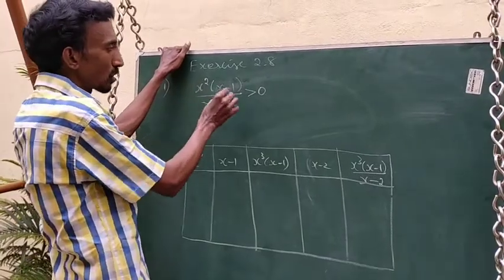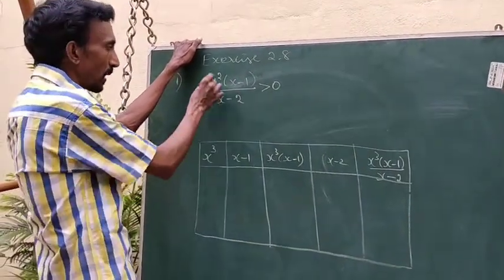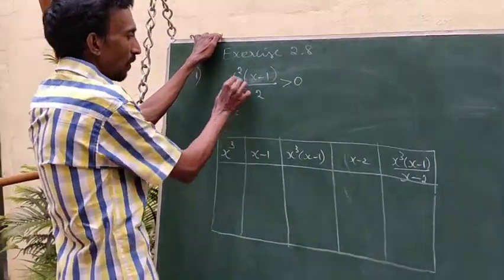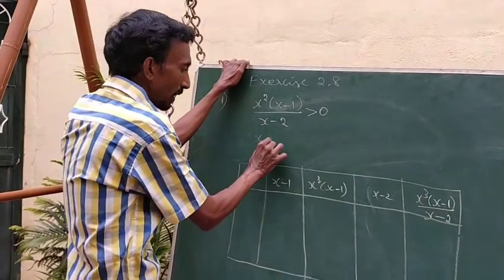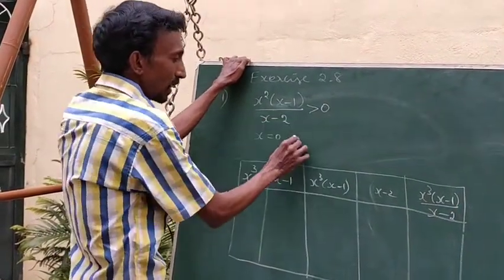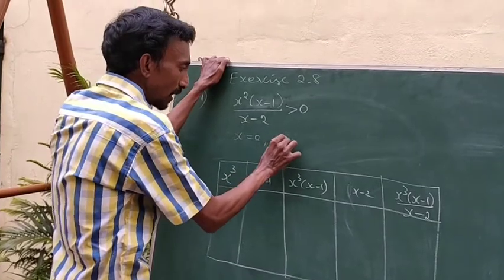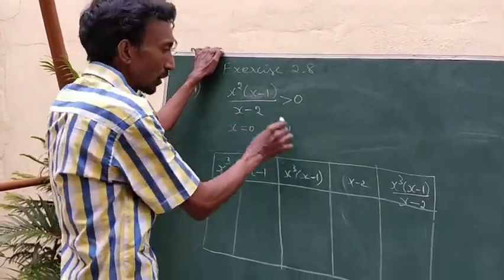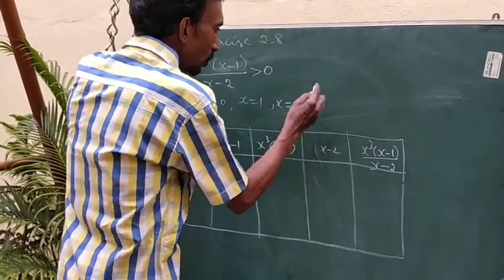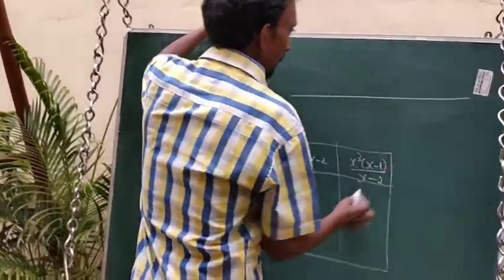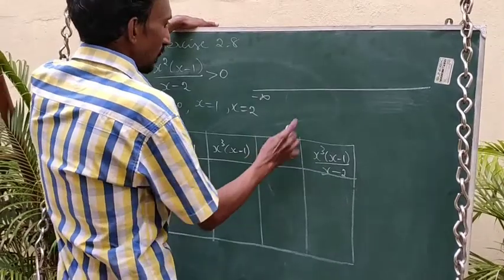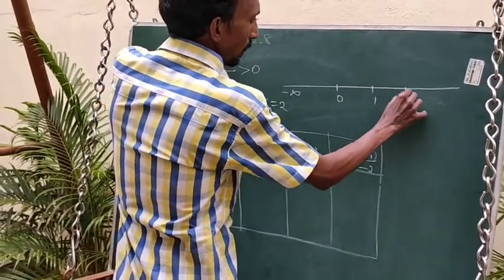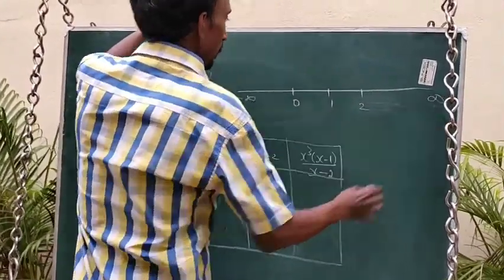Already told you, find out the roots of the numerator and denominator separately. If we equate x square to 0, we are getting x equal to 0. If we equate x minus 1 equal to 0, we are getting x equal to 1. By equating x minus 2 equal to 0, we are getting x equal to 2. Now divide the real line: minus infinity, 0, 1, 2 and plus infinity.